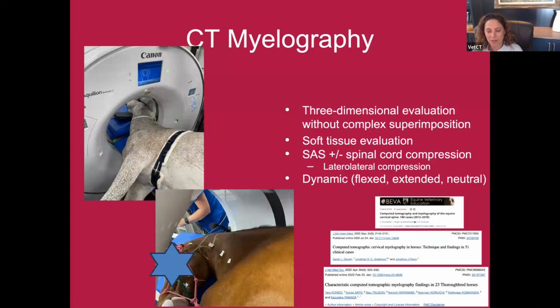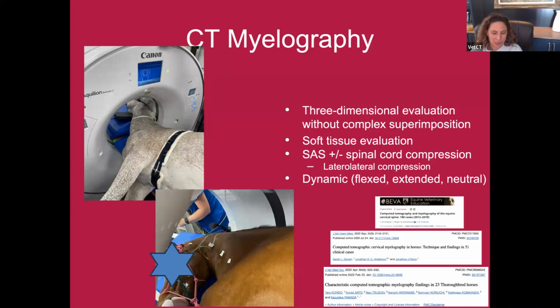In addition to that, we get a fair amount of soft tissue evaluation. With the addition of myelography, we can't necessarily tell in plain CT, but once we add contrast to the subarachnoid space, we can really identify areas of spinal cord compression.